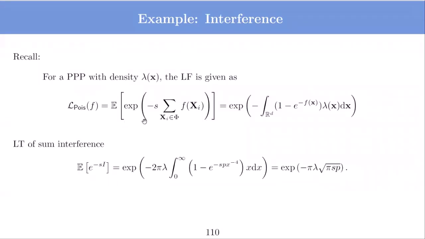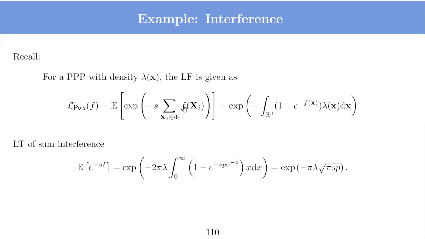So you can say that for a PPP with density lambda(x), the Laplace functional is given as the exponential of minus the integral of 1 minus e to the power minus f(x), lambda(x) dx. If I have this s extra, it just gets absorbed in f(x).